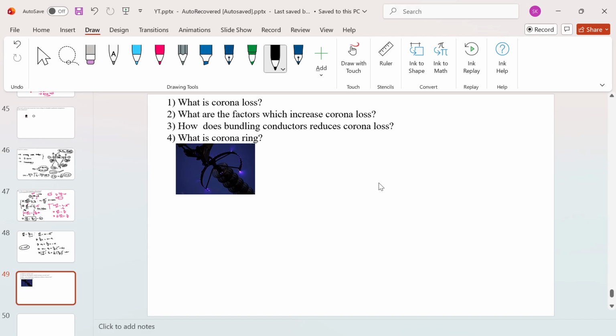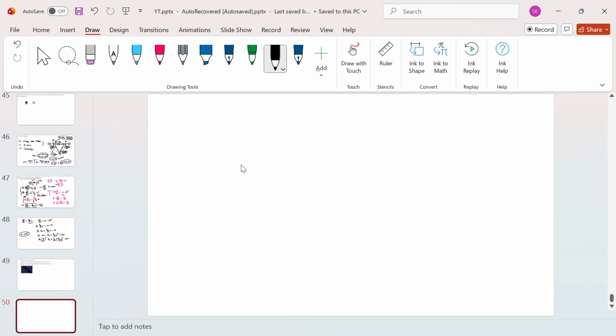First, let me explain what is corona loss. In a power system network, transmission lines basically operate at very high voltage. The operating voltage of long transmission lines varies from 220 kV to roughly 765 kV.